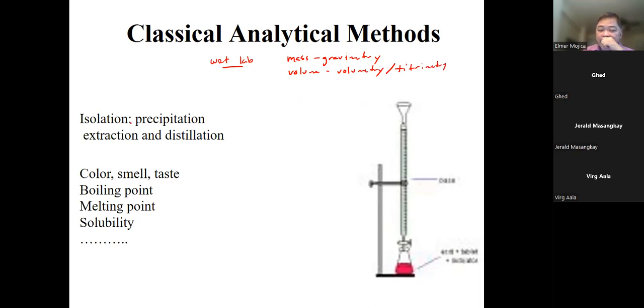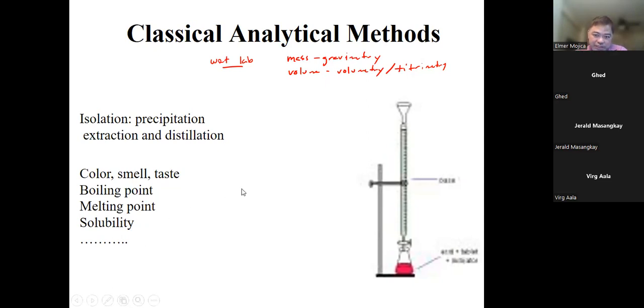So here we have what? Isolation, okay, where you do precipitation, extraction, or distillation. And then you can determine the color, the smell, the taste, the boiling point, the melting point, and the solubility. So you have to do it in a wet lab.